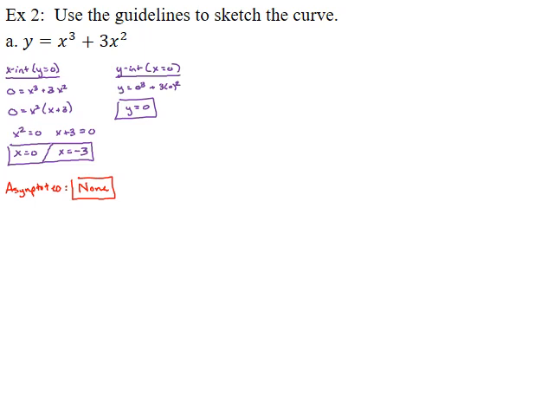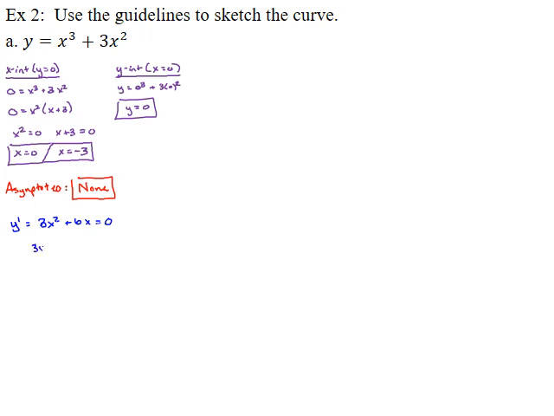Then we get to the first derivative stuff. So we're going to find out where it is increasing, where it is decreasing, and where your local maxes and mins are. To do all of that, we must first find our derivative. Let's call it y prime to keep it consistent. So y prime is equal to 3x squared plus 6x, and to find those critical numbers, I'm going to set that equal to 0.